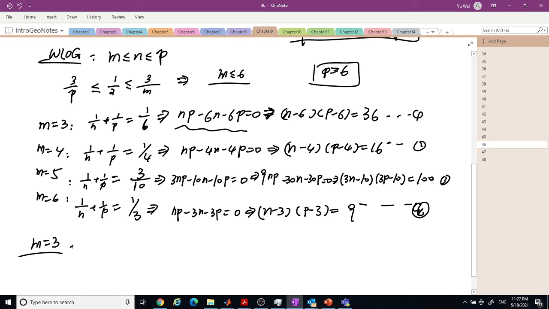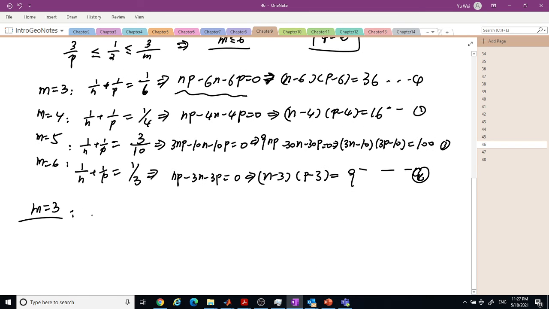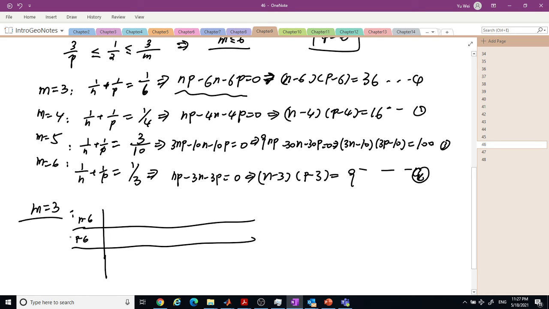So m equals 3. Let's build a table. Then we can factorize n minus 6, p minus 6, because p is bigger, so this is bigger, this is smaller. So we can solve n and p.